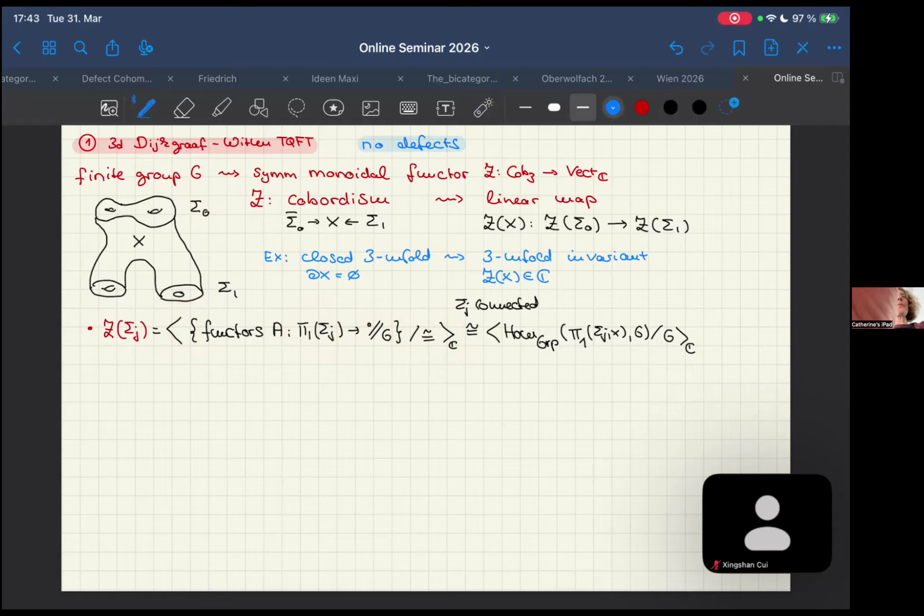So here we have as objects points, and as morphisms, homotopy classes of paths. Here we have as objects just a single object, and as morphisms, elements of G.